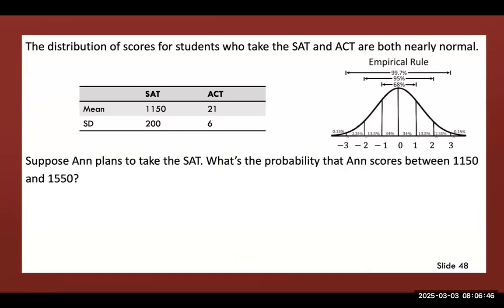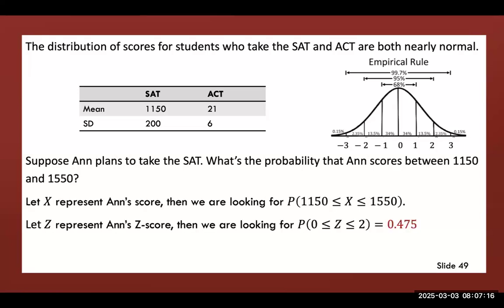Suppose Anne plans to take the SAT. What's the probability that Anne scores between 1150 and 1550? We've actually done this problem before. We let X be her SAT score, and we want the probability X is between 1150 and 1550. 1150 is the mean, 1550 is 2 standard deviations above the mean, and we ended up getting 0.475.